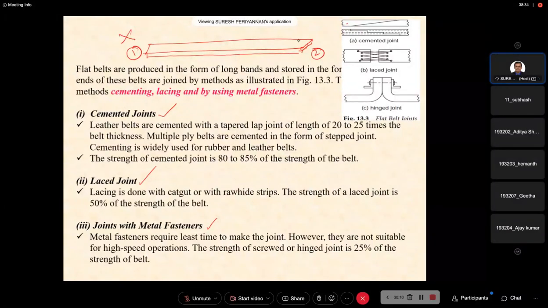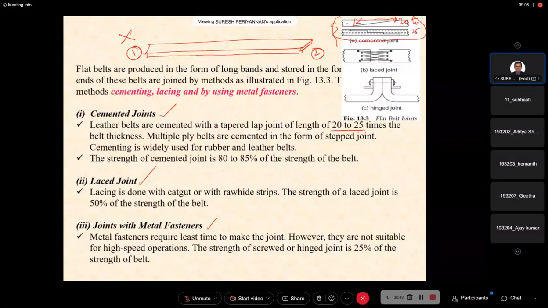The tapered joint length might be 20 to 25 times the thickness of the belt. These two joints are cemented joints.